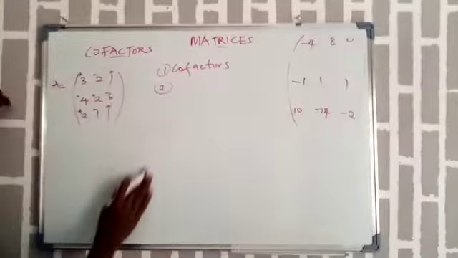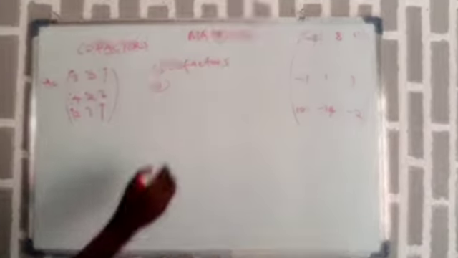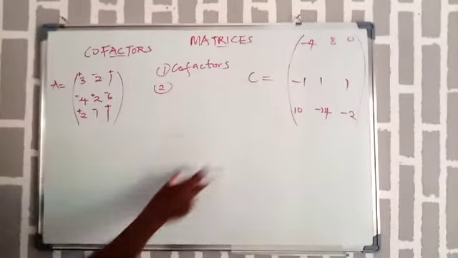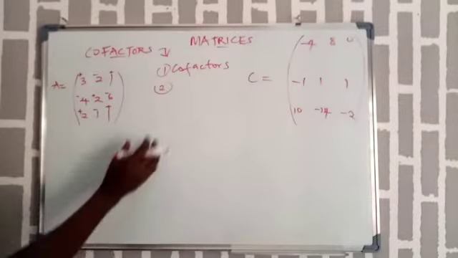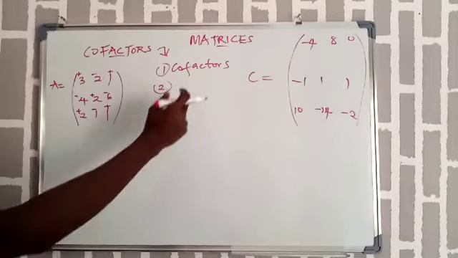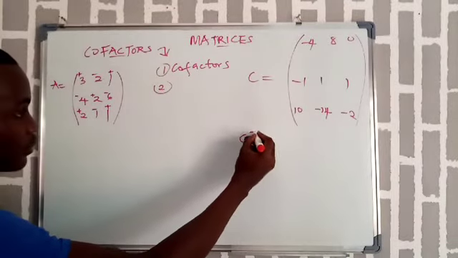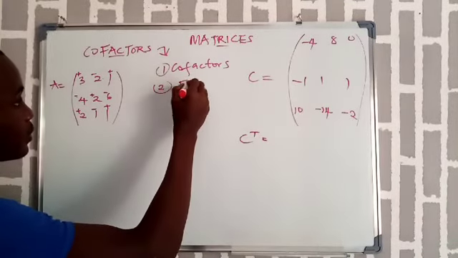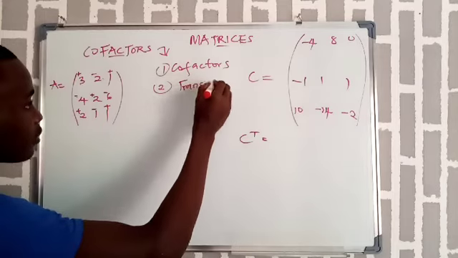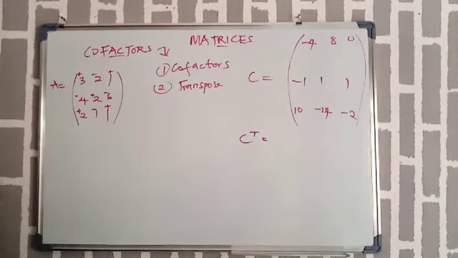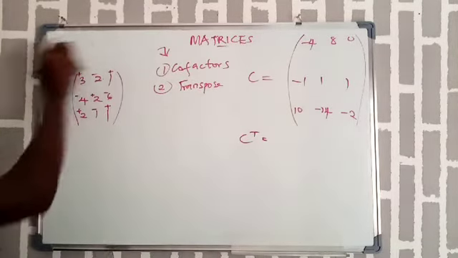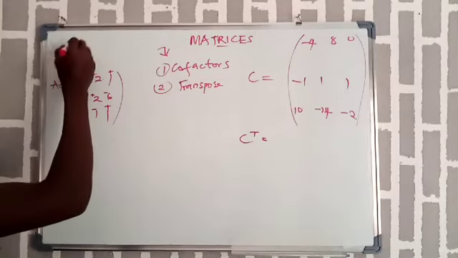Then the next thing we are going to do, when we have the cofactors, we are going to transpose these cofactors. So now we have C transpose. We transpose the cofactor. Let's claim these cofactors because they are now in adjoint.